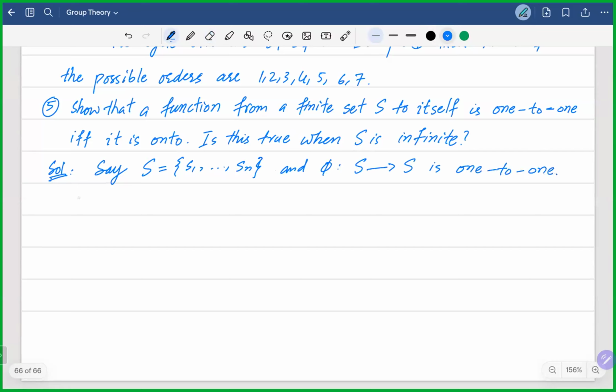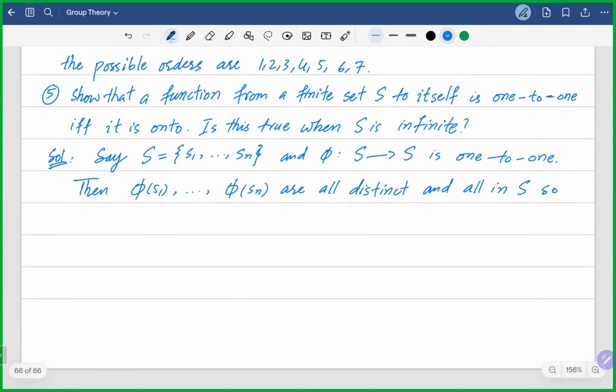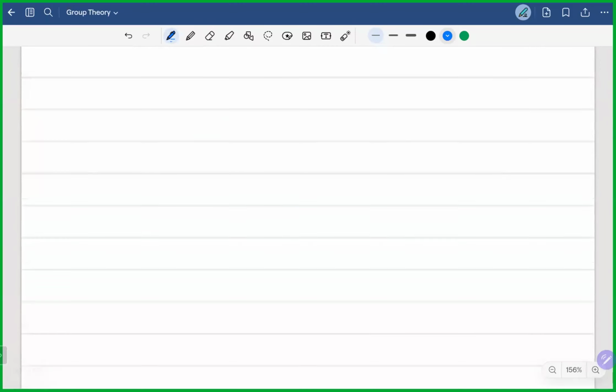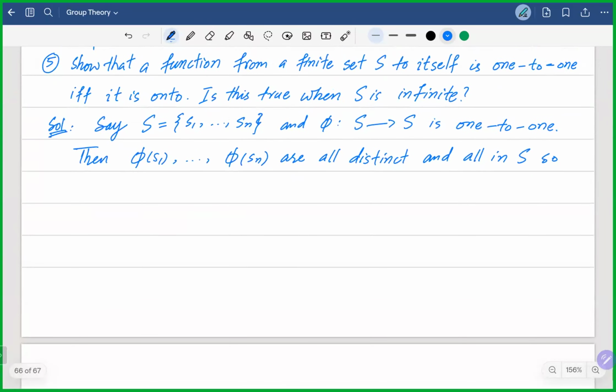Then phi of S1 to phi of Sn are all distinct and all in S. So phi of S is S.